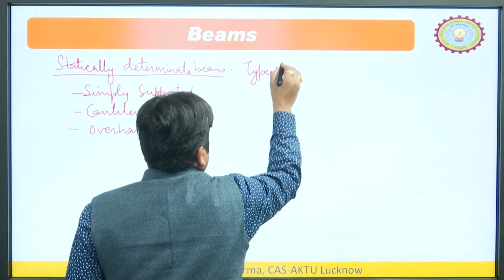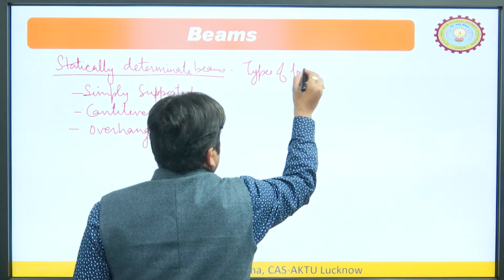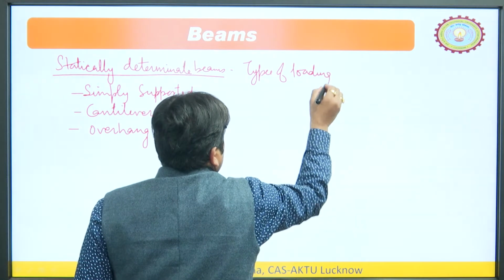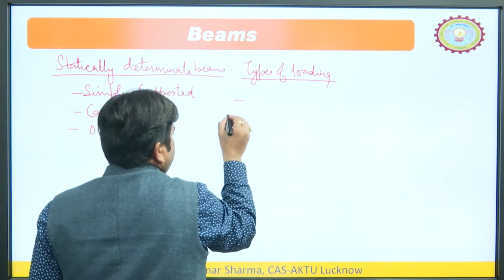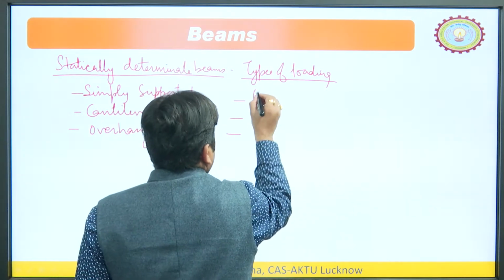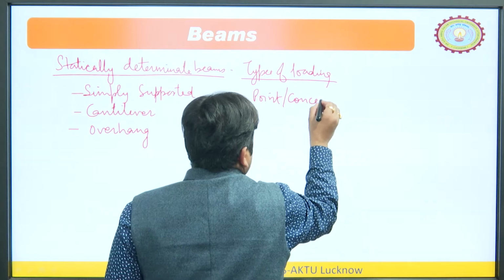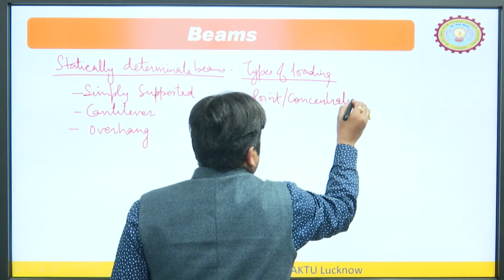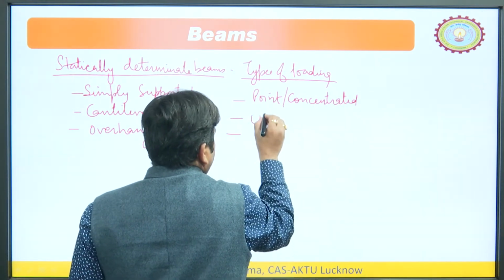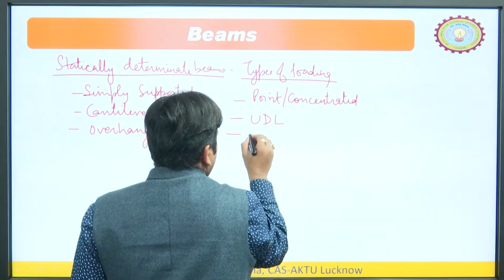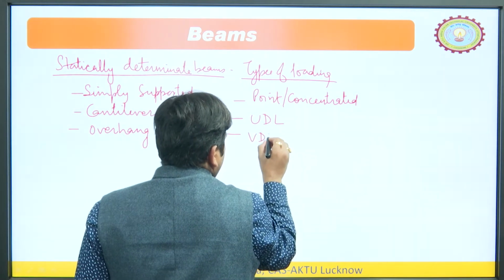Types of loading: we have studied three types of loading. First is point or concentrated load, second is uniformly distributed load, in short UDL, and third is varying distributed load, in short VDL.